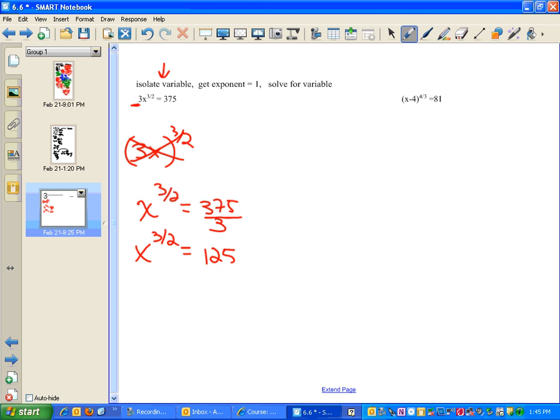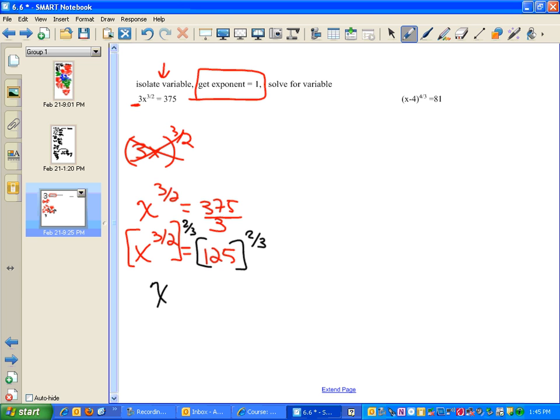Now the next thing that I said is get the exponent equal to 1, positive 1. So what would I raise this side to so that I get 1? 2/3. Right? If I take this to the 2/3, then I take this to the 2/3. Right.